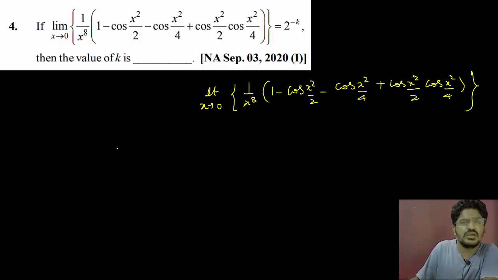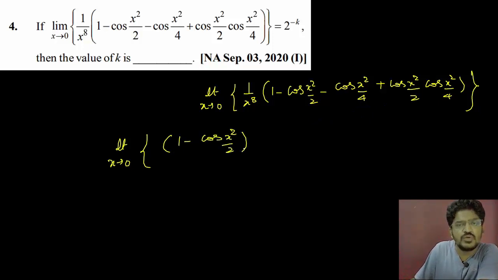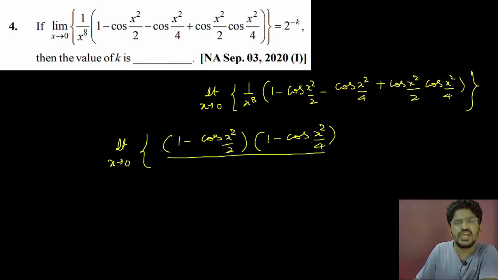That will be limit x extending to 0. Now we can write this whole term as, see here, I can write this as 1 minus cos x square by 2 into 1 minus cos x square by 4 divided by x to the power of 4 into x to the power of 4.